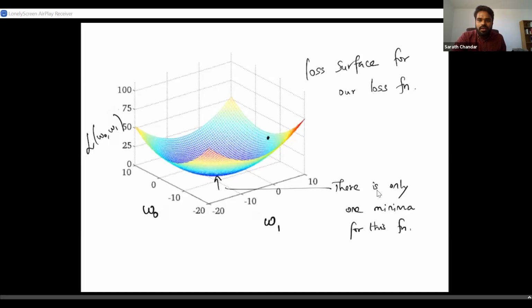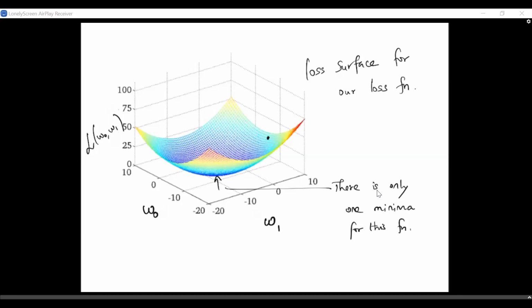Okay, maybe Newton method. Newton method. Okay.